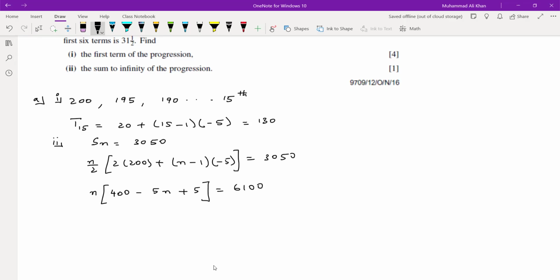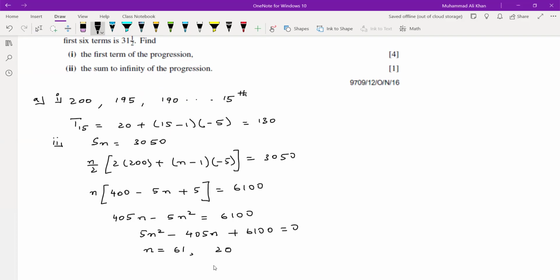Now, 400 plus 5 is 405n minus 5n squared equals 6100. Now 5n squared minus 405n plus 6100 equals 0. What are the two values of n? 61 and 20.